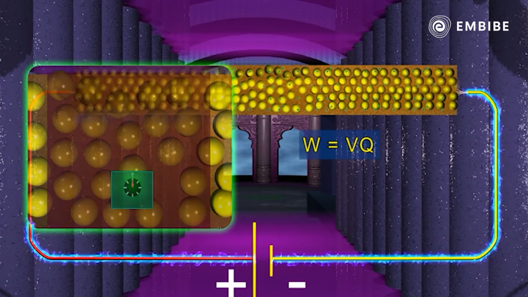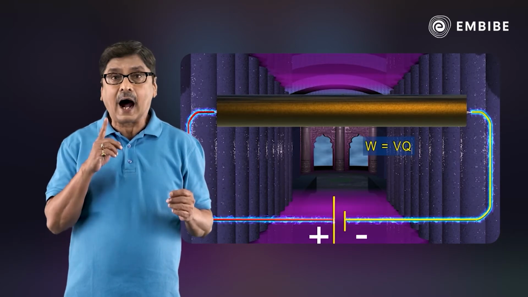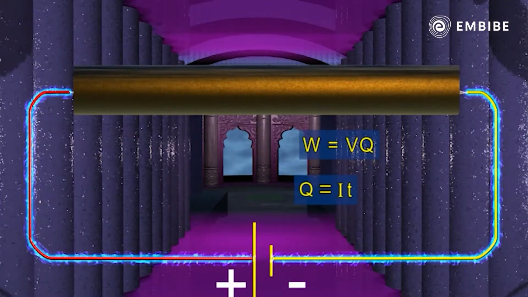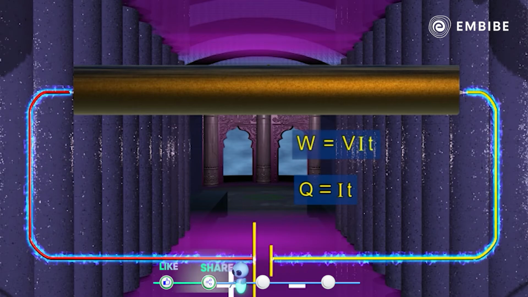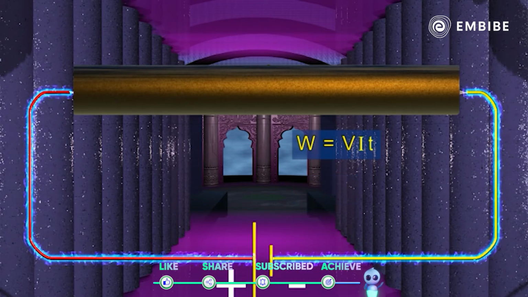W is equal to VQ. The corresponding current I is equal to Q over T. Using the value of Q from the equation Q is equal to IT in the equation W is equal to VQ, we get W is equal to VIT.